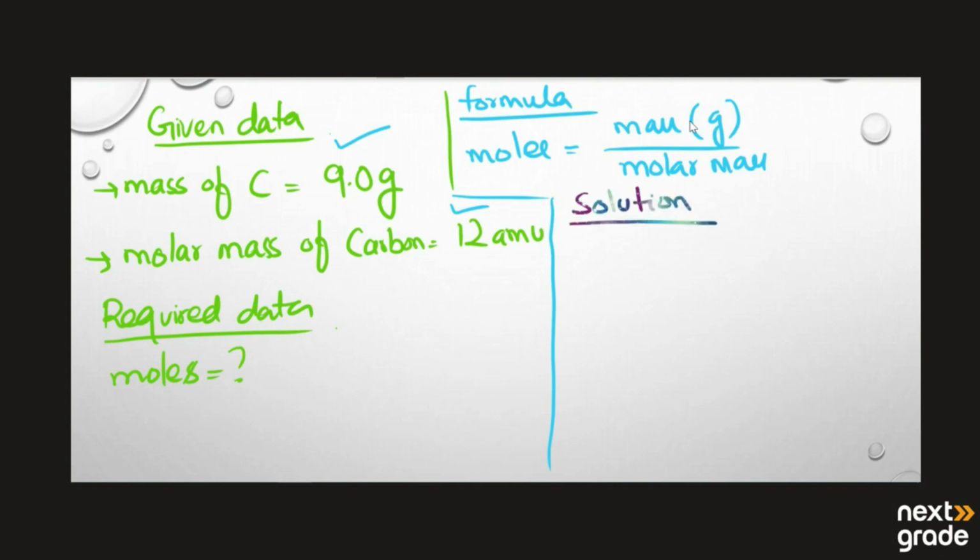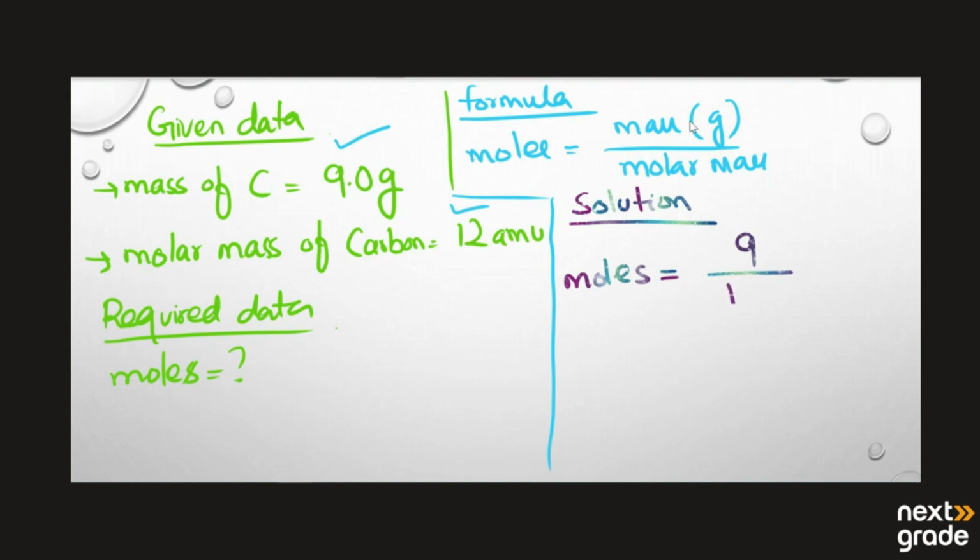So we will start the solution. Moles is equal to mass in gram divided by molar mass. The mass given is 9 grams, and we divide it by the molar mass, which is 12.